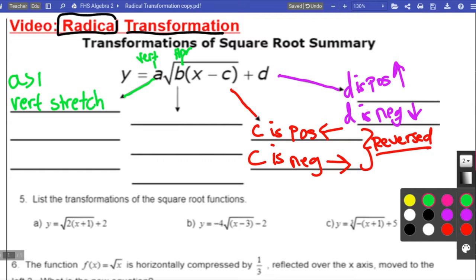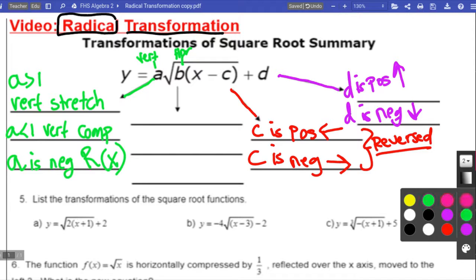If the A is less than 1, then you're going to have a vertical compression, all right? And last one, if A is negative, then you all know we're going to have a reflection over the x-axis, all right?